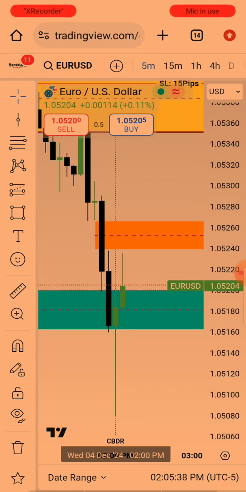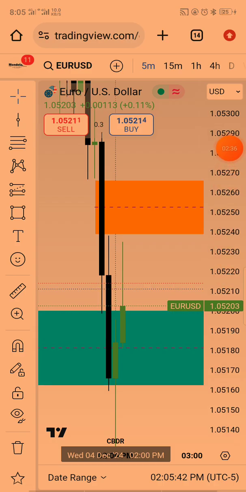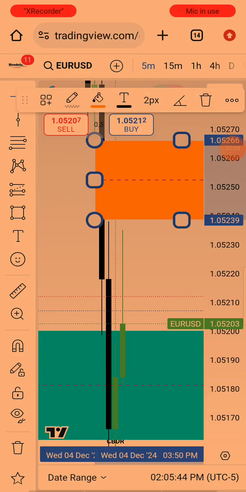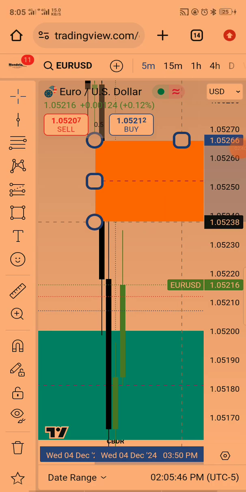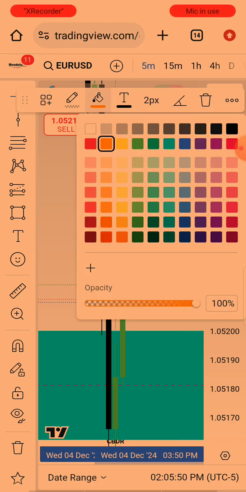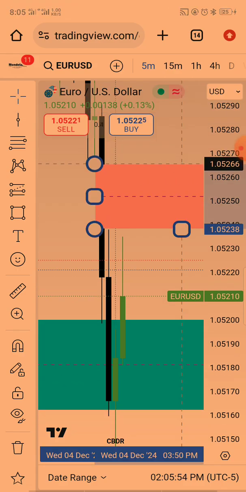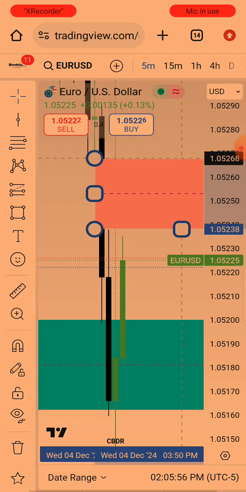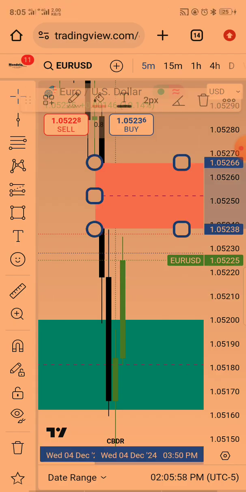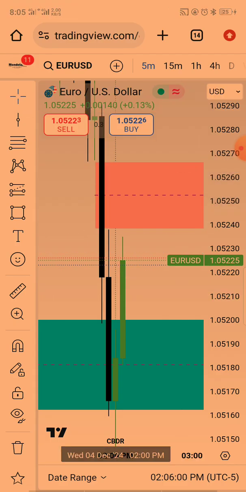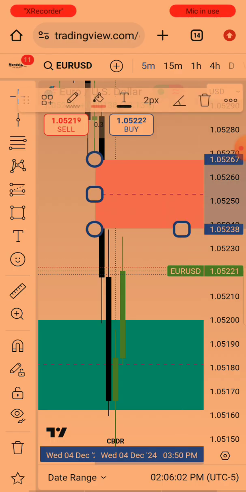You can see it has not entered there. It needs to get into this place first before I make my entry. Let me turn the color to red.